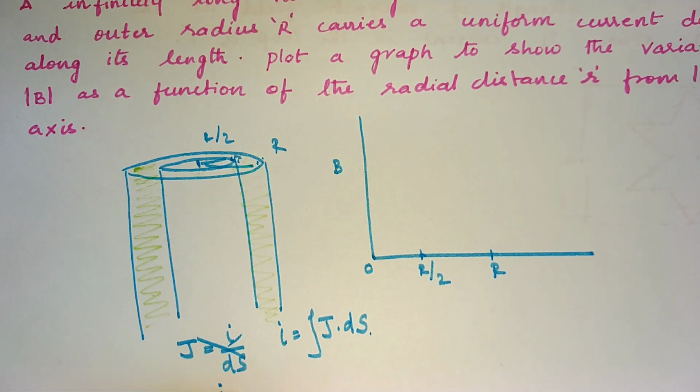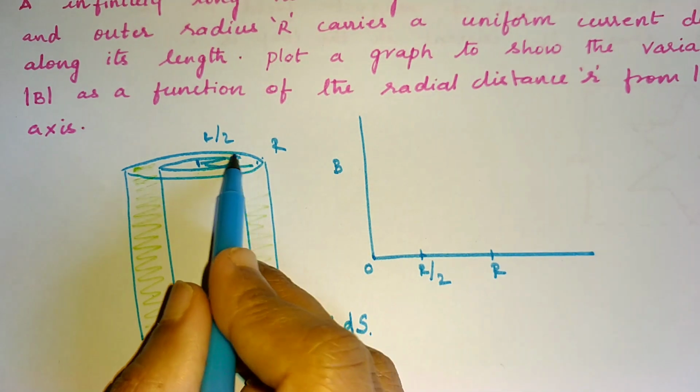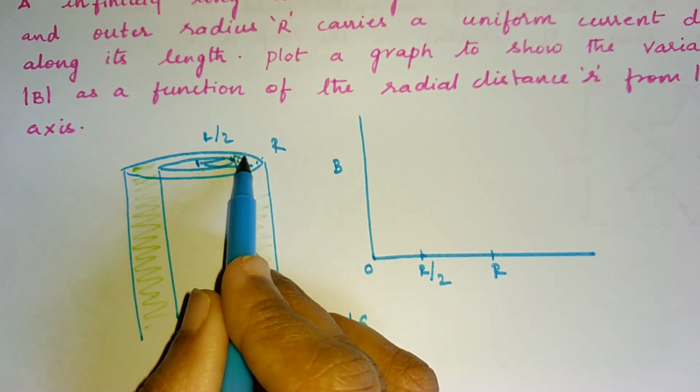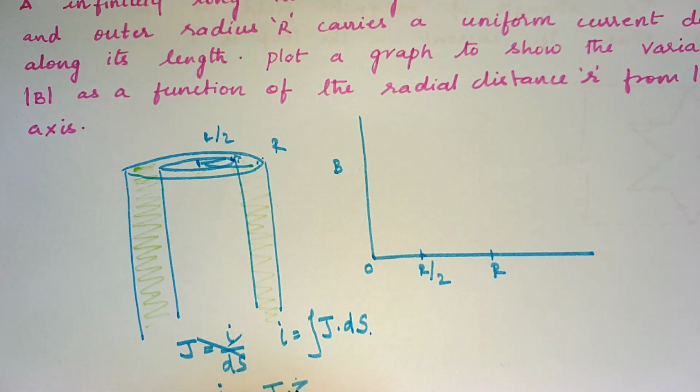J is anyway a constant. The integral of ds, that means the surface area from A to any particular distance, I can write as pi into r square minus A square, because the limits are from A to r.